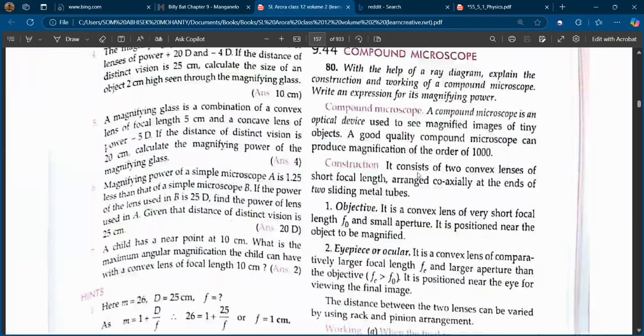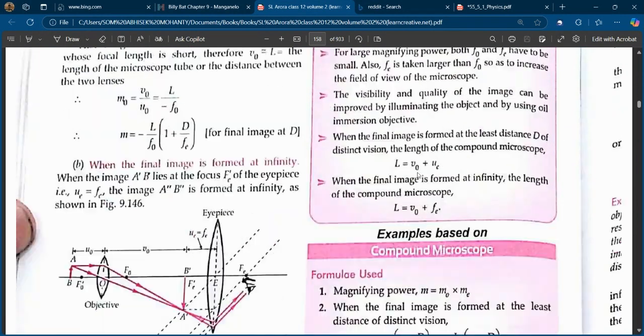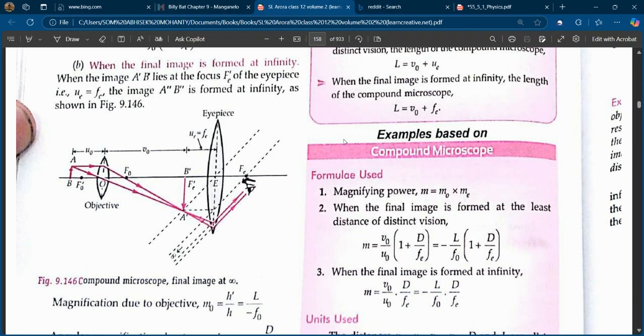So the objective and eyepiece will be placed in such a way that the final image is formed at infinity. Then only the eye will be able to see it with clear viewing, which is asked in the question.